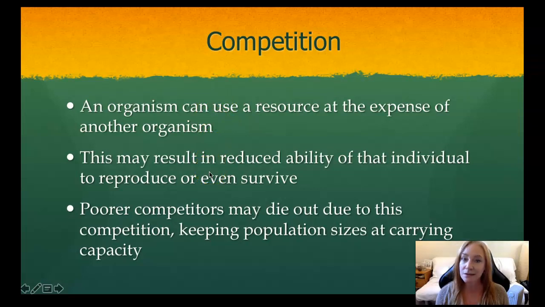The best adapted organisms are better able to exploit the resources they need, survive, reproduce, and grow their population to carrying capacity. Sometimes the less adapted or poorer competitors will die out, their population sizes will go down, or they may have to migrate out of an ecosystem or habitat to find new resources.